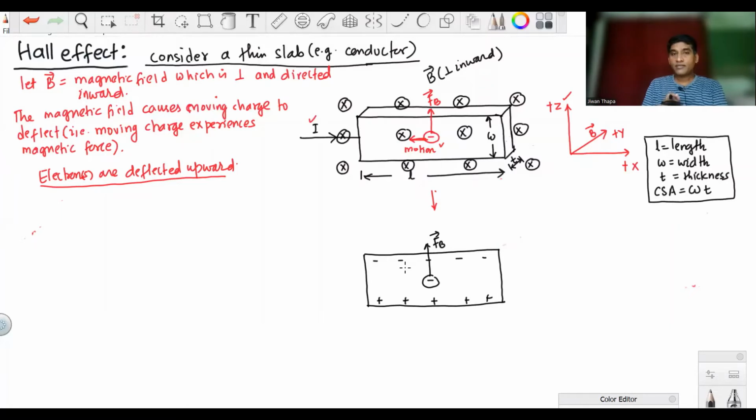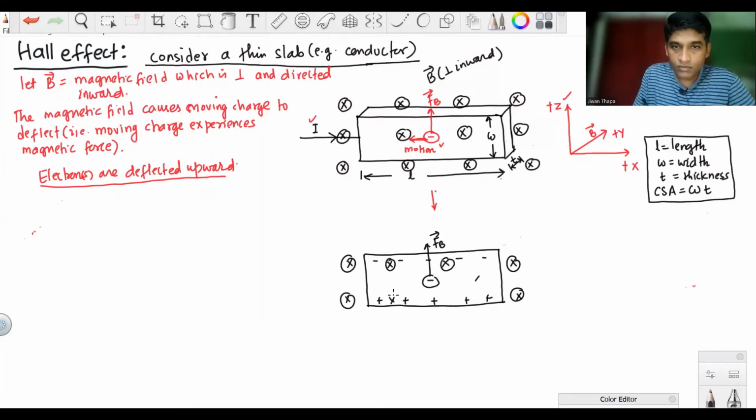So we find this. So we have magnetic field acting perpendicular and directed inward. So we have this. Now, what we find, so I'm drawing in this figure also.